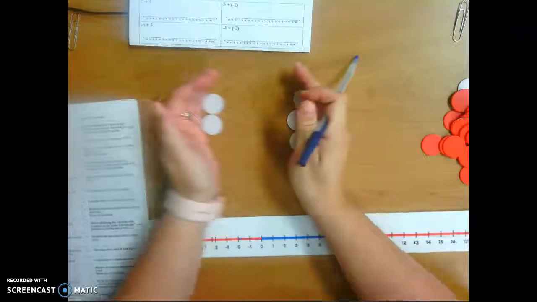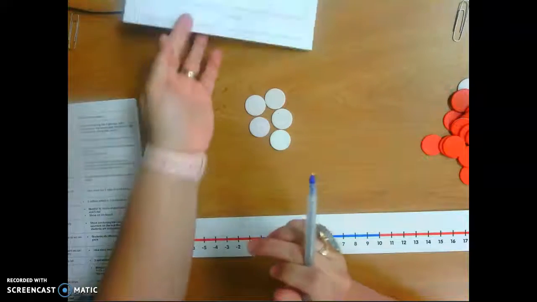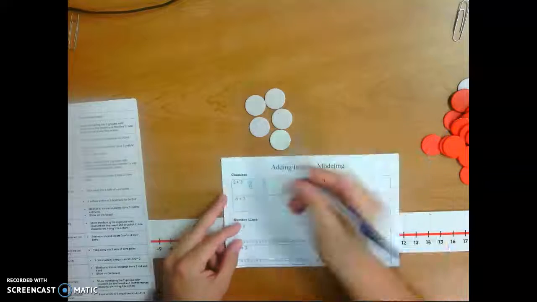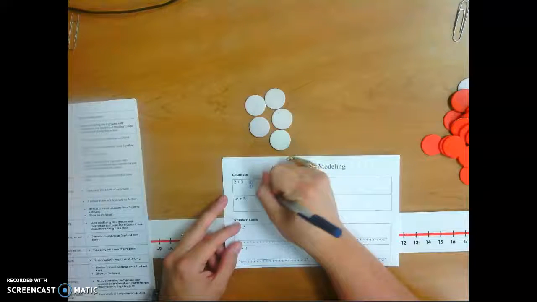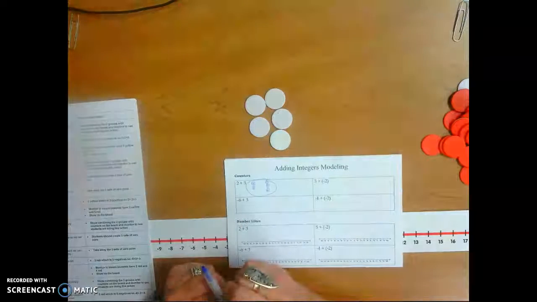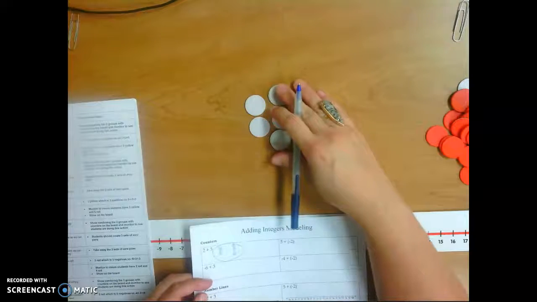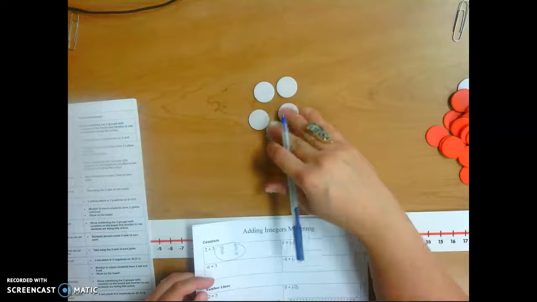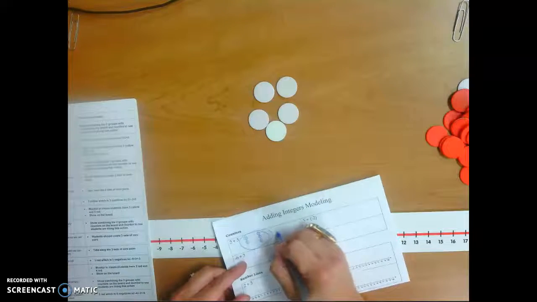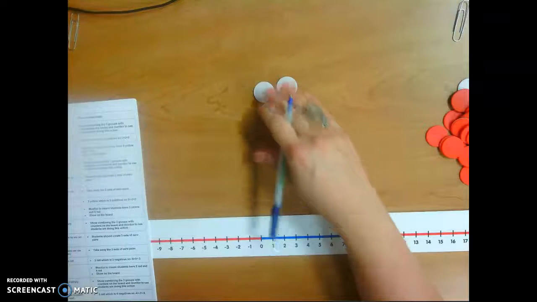So the students then should have their group of 2 and group of 3, and then combine them together. So what do we have? How many total counters do we have? We should have 5 yellow, which is 5 positives, so then that equals 5. That's the most simple example that they have seen before.